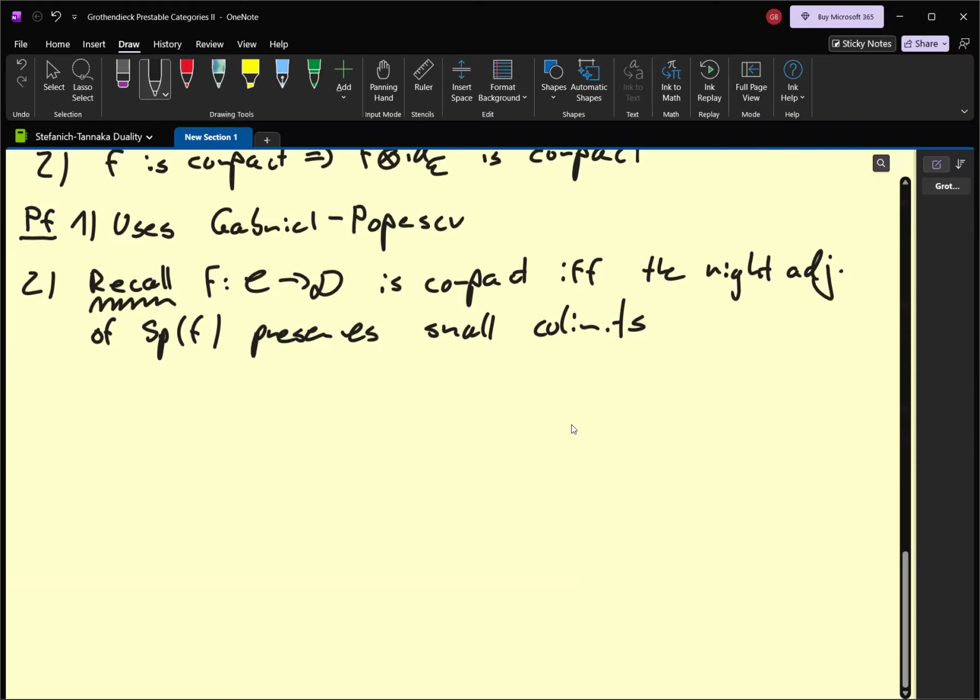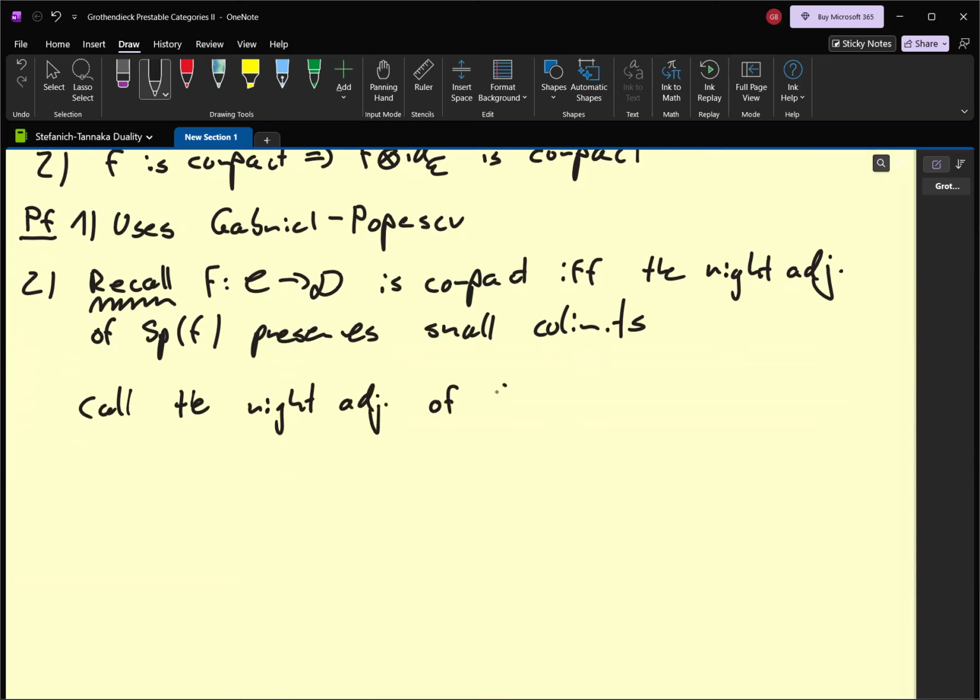We use it then as follows. We call the right adjoint of SPF, let's call it G. Then G is again a morphism in PRL, and because it's between stable categories, it's a morphism in PRL stable.